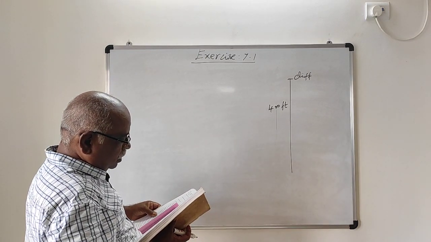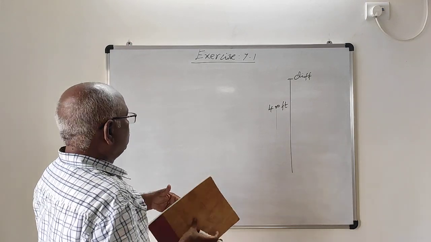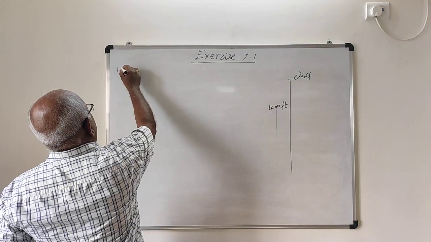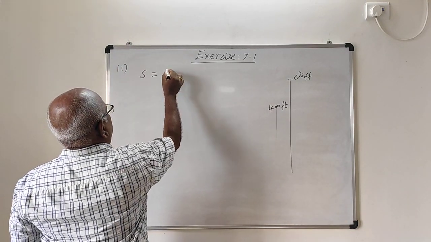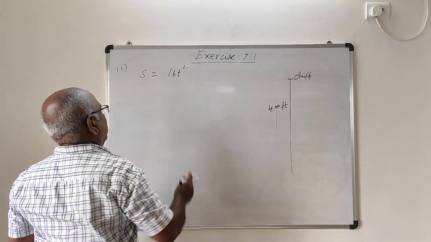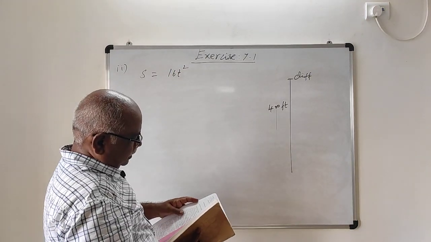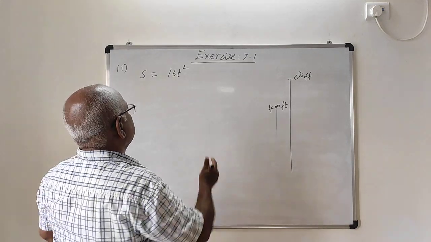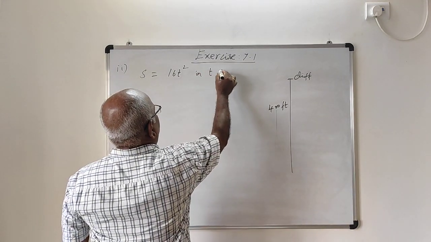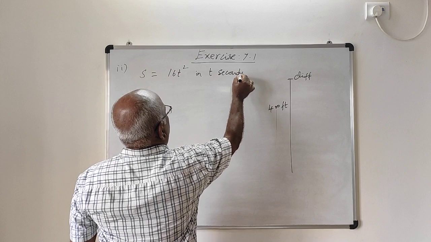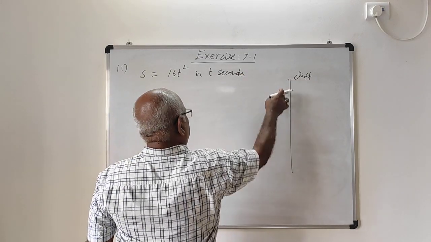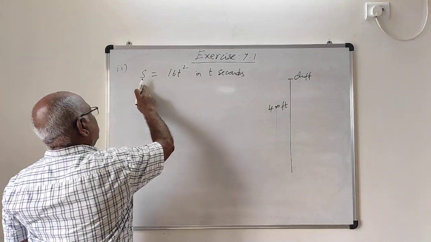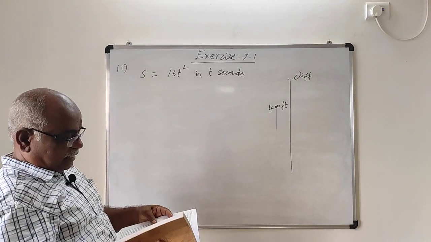The camera falls a distance of s equal to 16t square in t seconds.